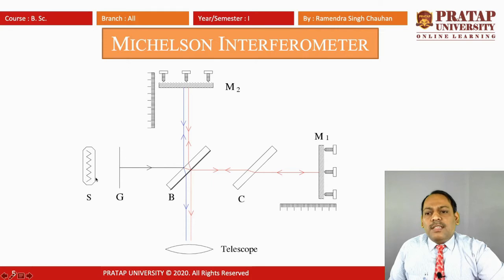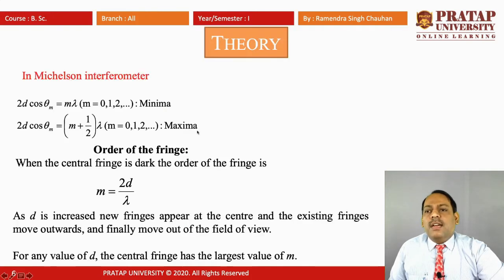And then we can say, suppose a source S is coming, light is going to this mirror M1 and then reflecting. So there the angle which will be formed, that angle is theta. And here for arbitrary order m, it is represented as theta m.